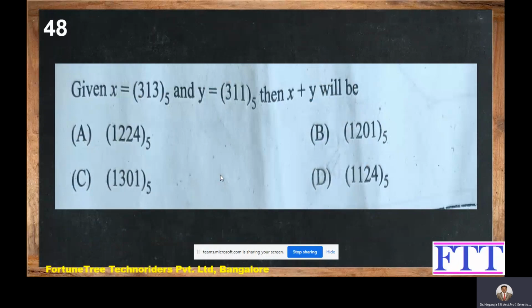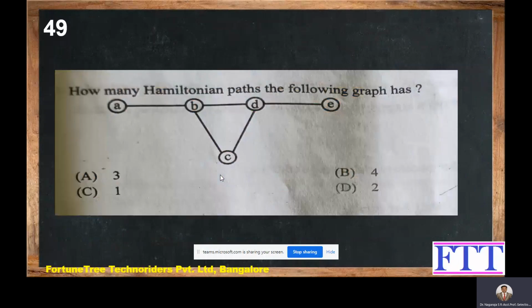So the right answer is option D, 1124 base 5. So 49th question. How many Hamiltonian paths does the following graph have? Option A 3, option B 4, option C 1, and option D 2. The right answer is option D, 2.